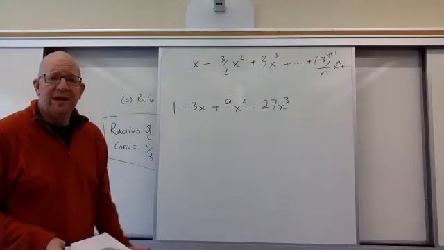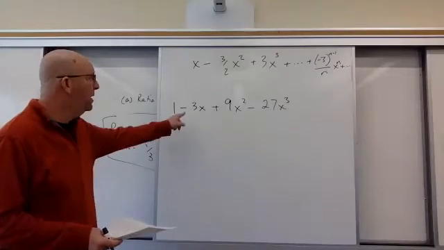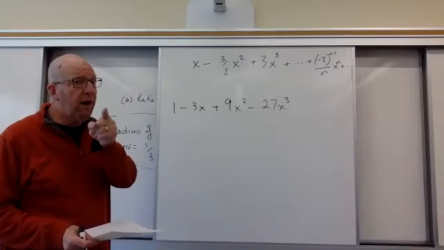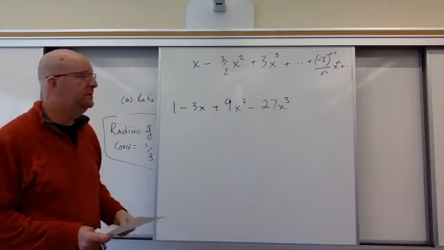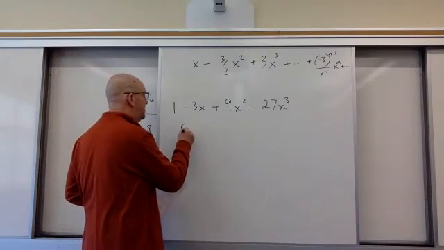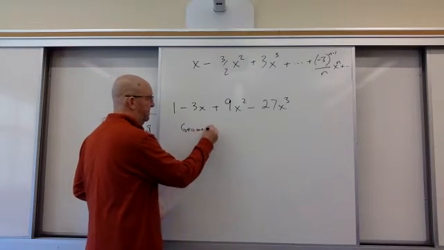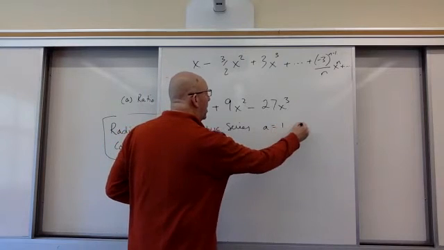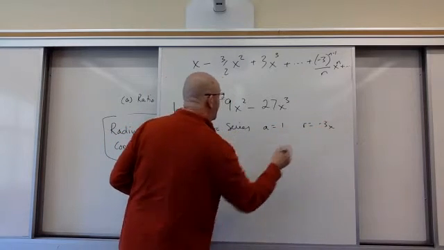I think you can name that tune. But what do you notice right here? Always looking for what? Geometric series. I got a geometric series with a equal to 1, r equal to negative 3x.